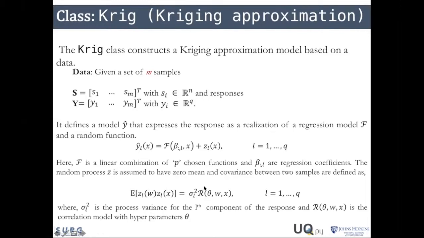So to use the Krig class, the user has to give the set of data, which is basically the samples and the response at those samples, and the user has to define the regression model, and this R term, basically the correlation model. This theta are the hyperparameters, which are estimated using the maximum likelihood estimator.